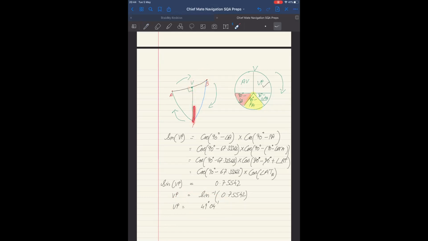We know that from pole to equator, it is 90 degrees. And we now know that from pole to V, it is 49 degrees 4 minutes.